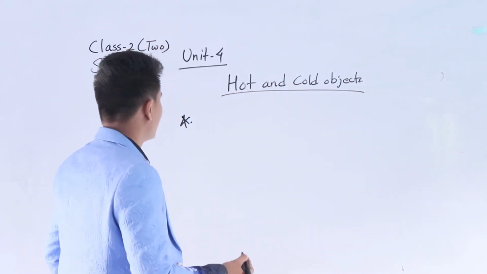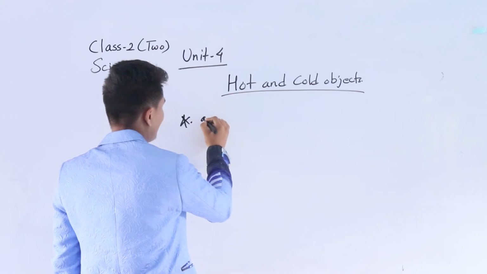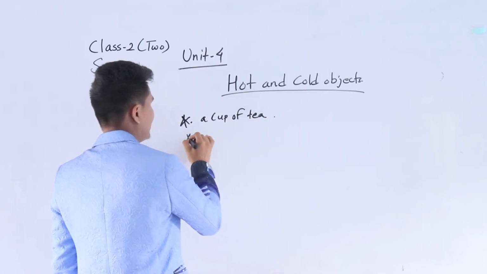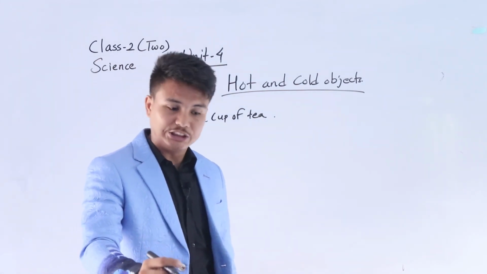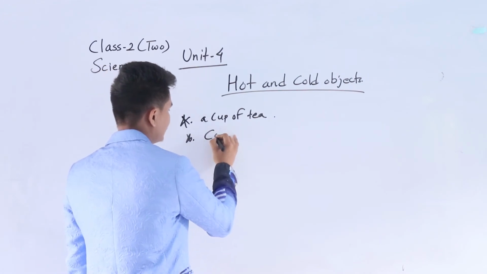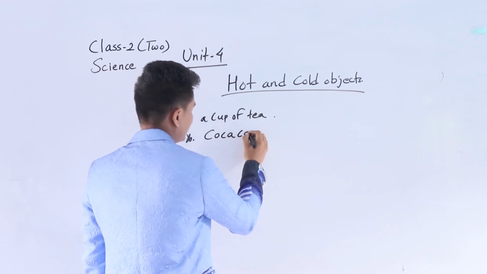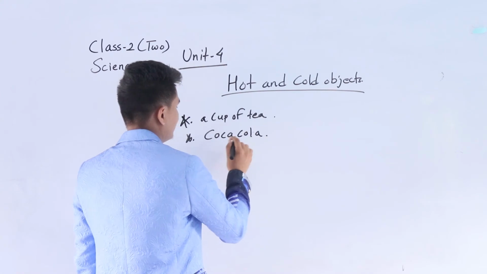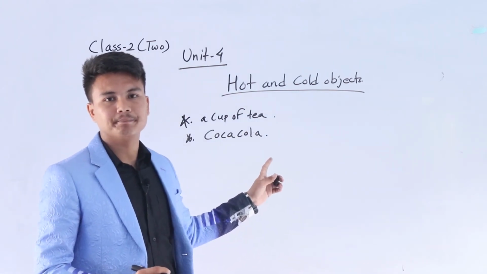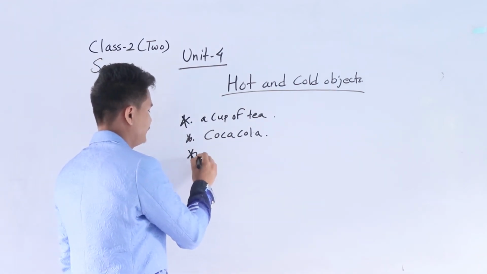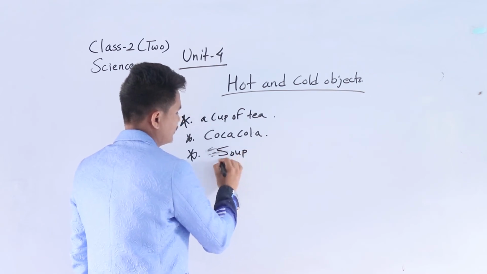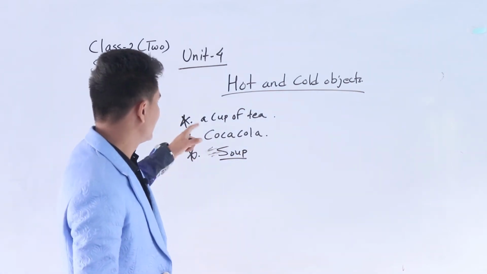Some examples are a cup of tea. I think you have already drunk tea in your life, and most of the students like Coca-Cola as well. This is a cold drink.